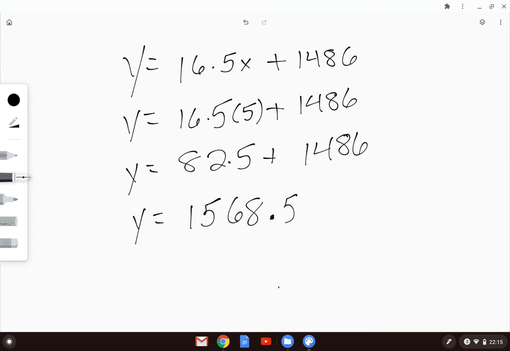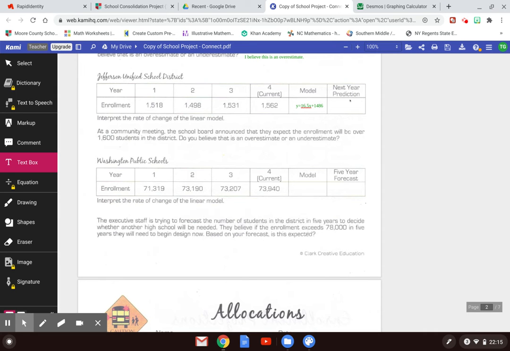All right, so we will go back. And since we're dealing with people, you can't have half a person, so we'll round up that 1,568.5 to 1,569.